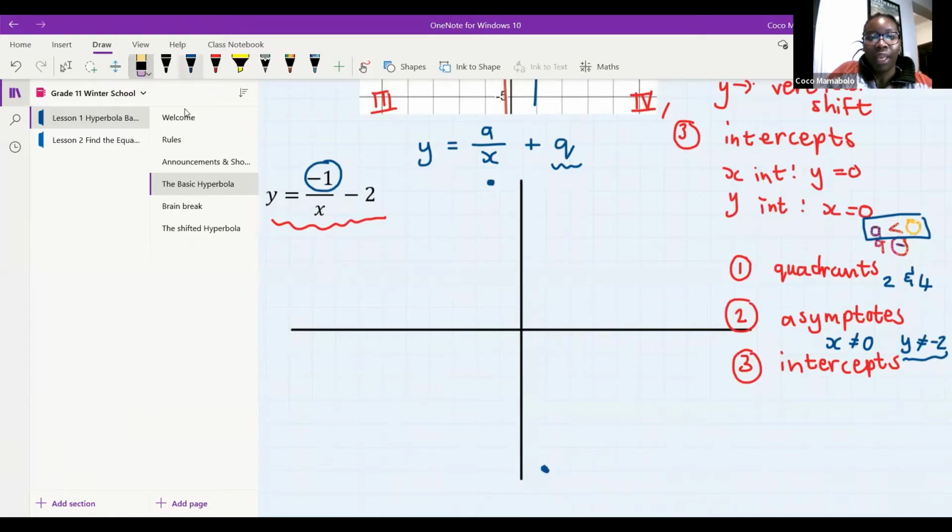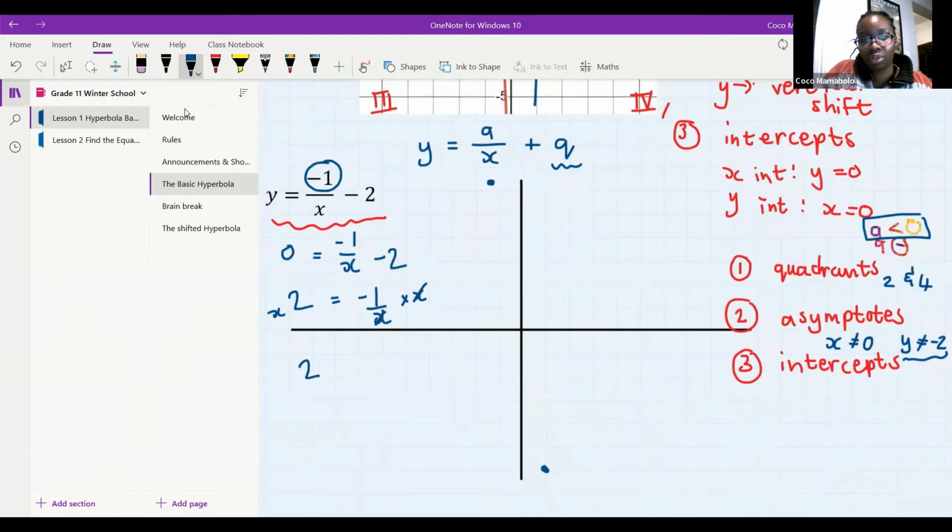That's the first thing. But if I make y 0, I'm going to have 0 is equal to -1 over x minus 2. Oh, actually, I'm calculating for the intercept here. And then I'm going to multiply both sides by x. Those two will cancel.